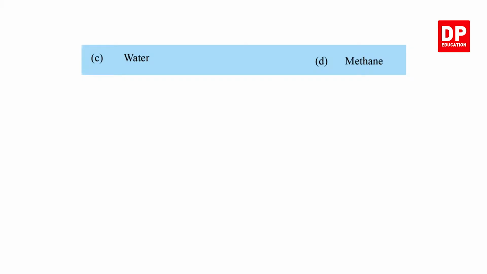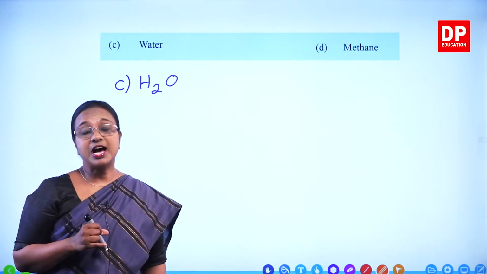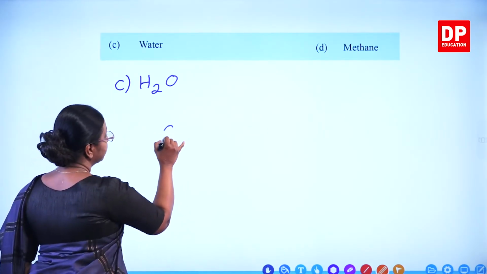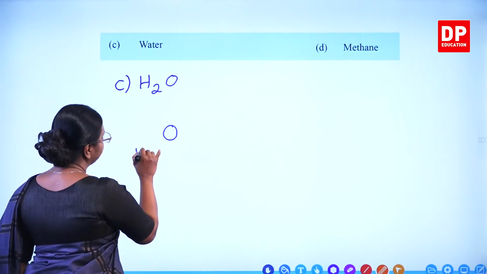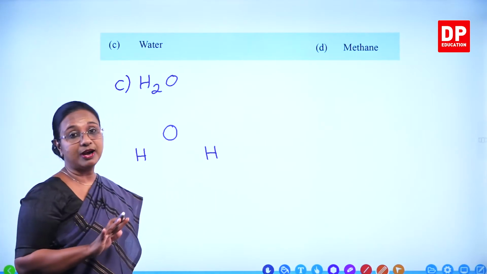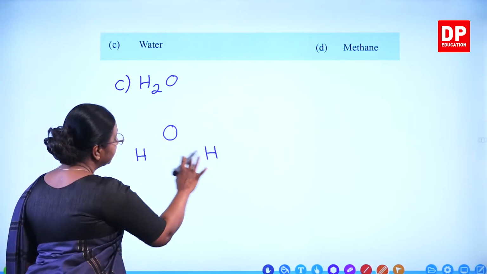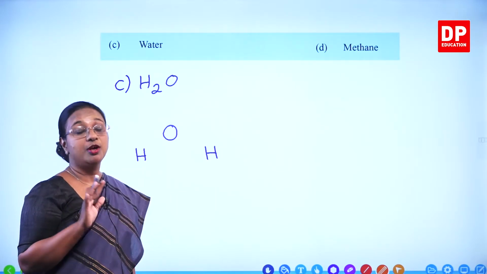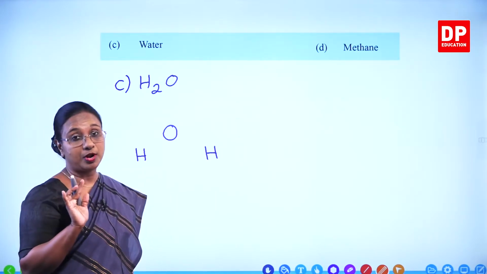So you all know the chemical formula of water, that is H2O. So to draw the dot cross diagram, what do we do, students? You all know oxygen is the central atom and we have the hydrogens, and with all the understanding you have, you all know oxygen and hydrogens, they form an angular shaped molecule. Water is an angular shaped molecule. Why?